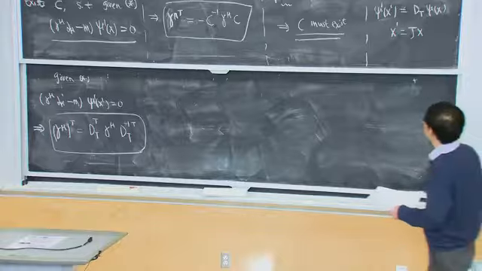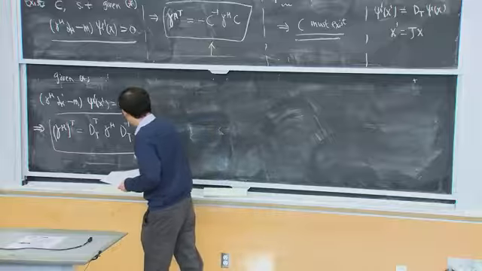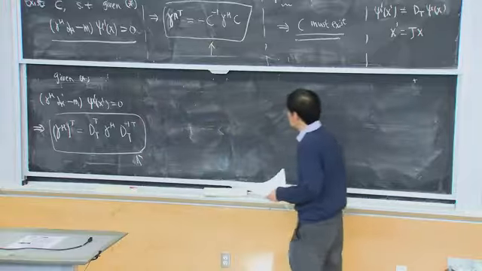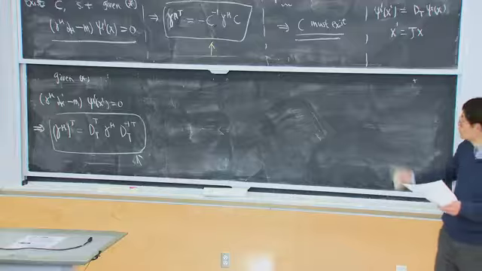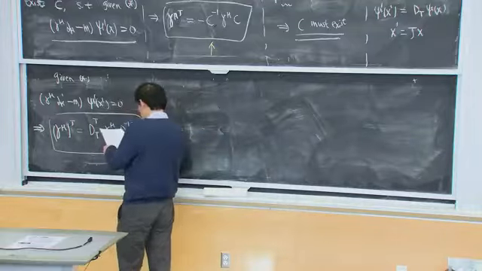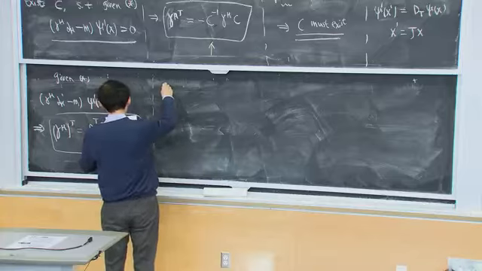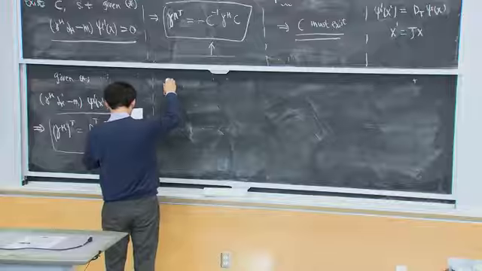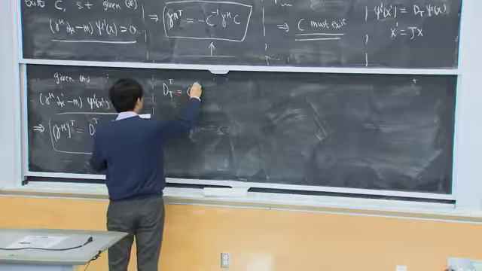Okay, so now if you compare these two equations and this equation, they just differ by a minus sign. So we conclude that we can do this by taking D_T transpose equal to C minus 1 gamma phi.